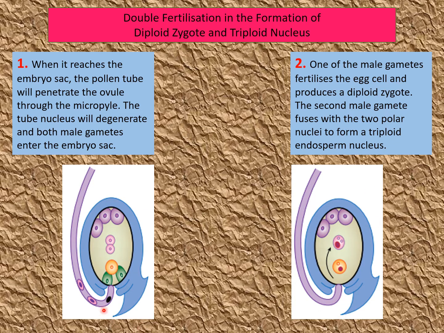One of the male gametes fused with the egg cell becomes the diploid zygote. This is the diploid zygote. And then the second male gamete fused with the two polar nuclei to form a triploid nucleus. This is the triploid endosperm nucleus, and this one becomes the diploid zygote.